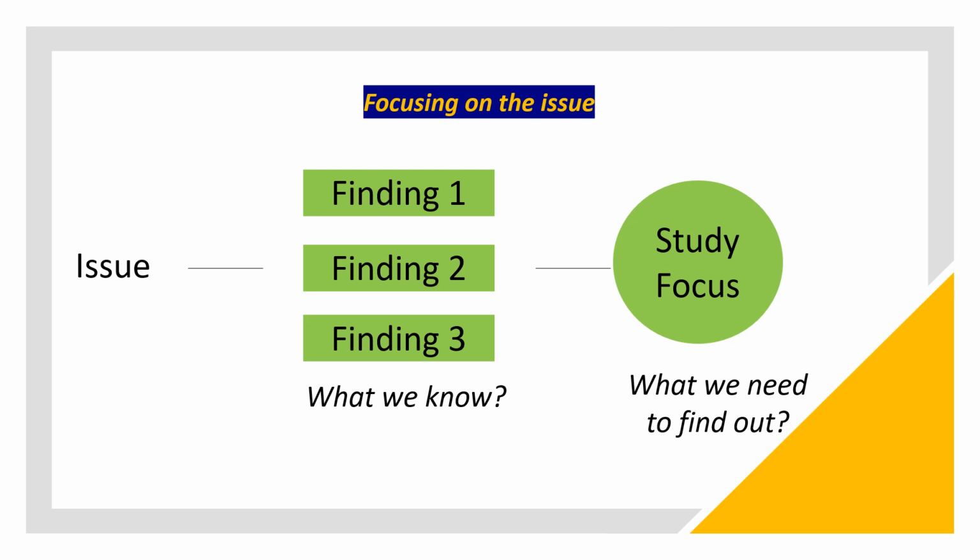What we need to find out about climate change that other researchers have not tackled. So in this way, you are presenting your literature review in a more organized manner, focusing on the issue of climate change, presenting the findings of different research about climate change, and creating a synthesis for the study focus, which is the research gap now of your study.